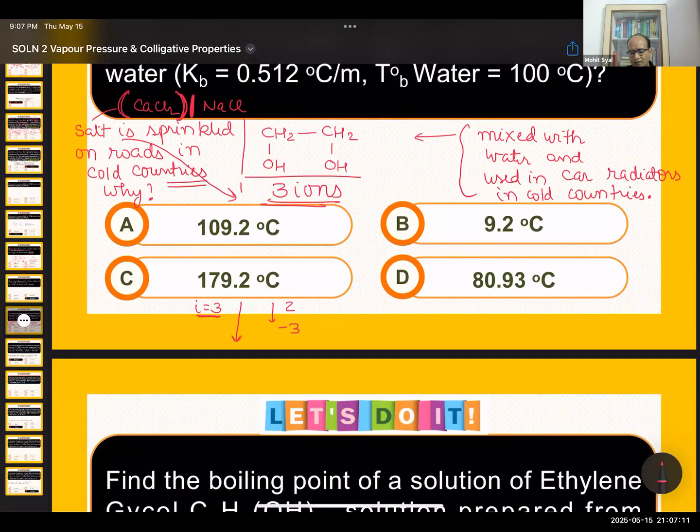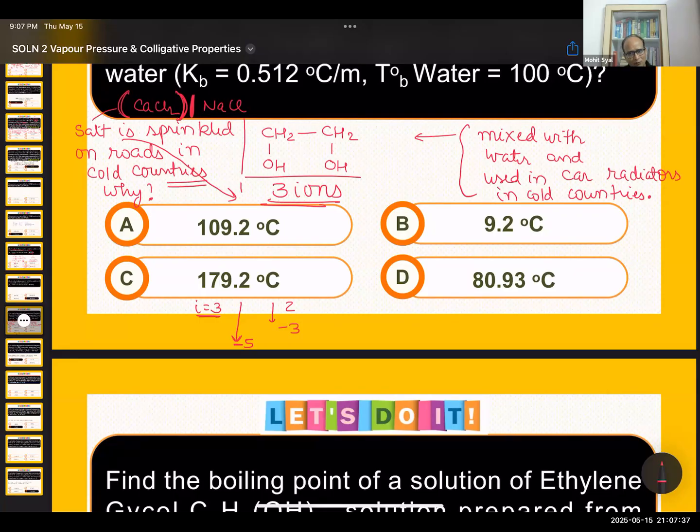So because it is 3 ions, let's say the freezing point becomes -5. So up to -5, you will not have formation of ice on roads. So calcium chloride is better than NaCl because upon ionization it gives more ions, 3 ions, so it lowers the freezing point to a greater extent.